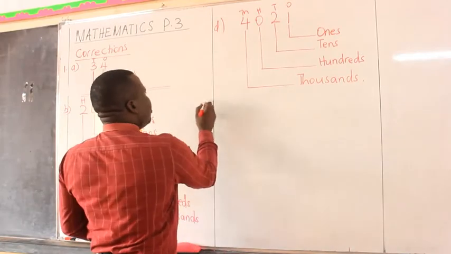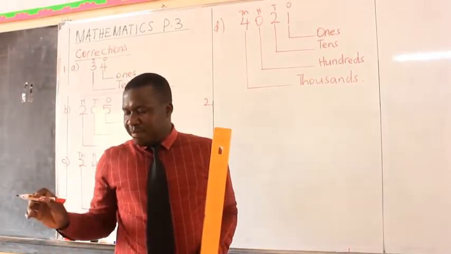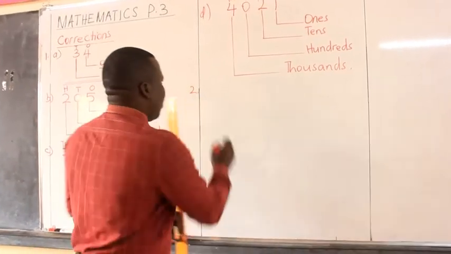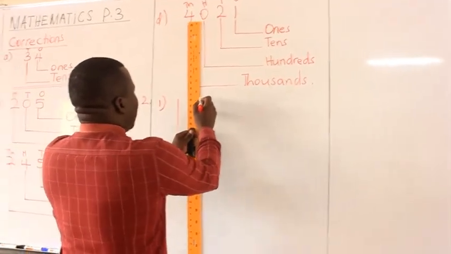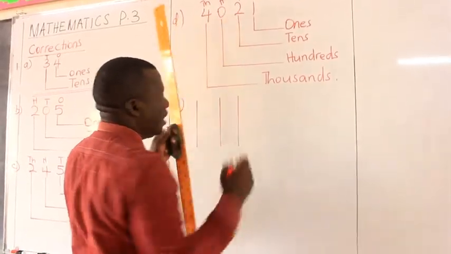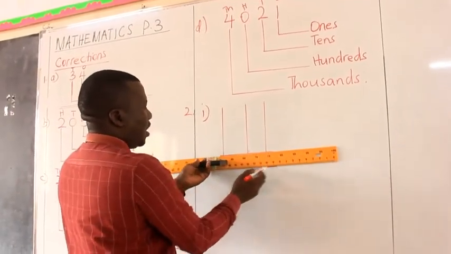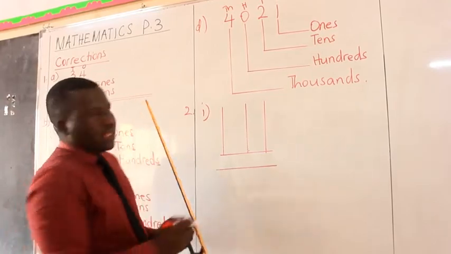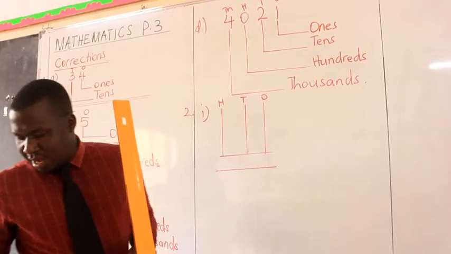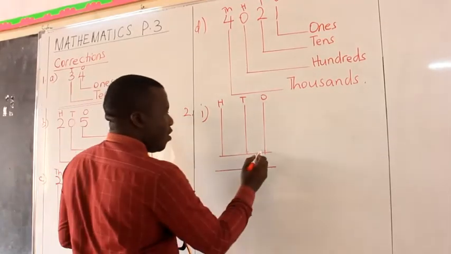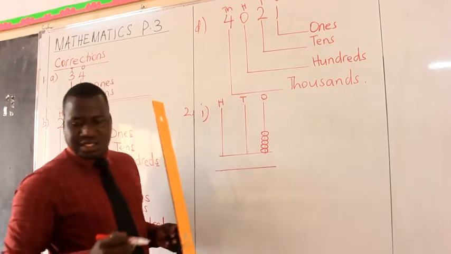In our number two, it was write the numbers shown on the abacus, Roman 1. They wanted you to write the number that is shown on the abacus. This is ones, tens, hundreds. Here we had 5 beads.